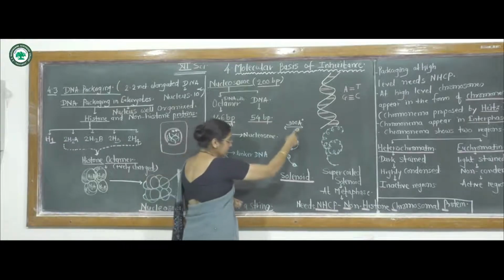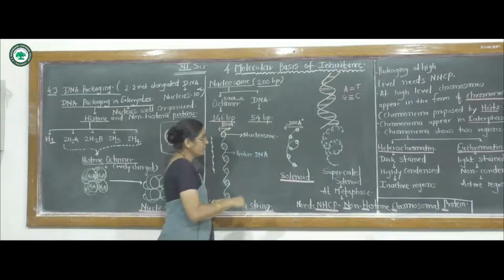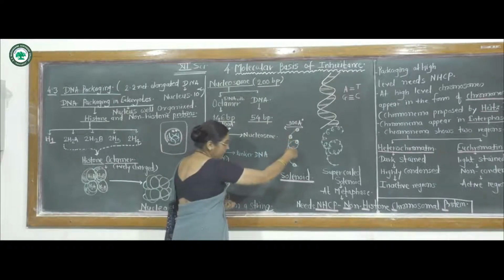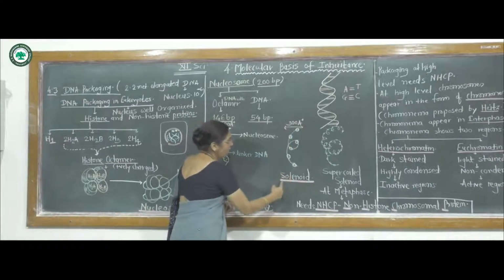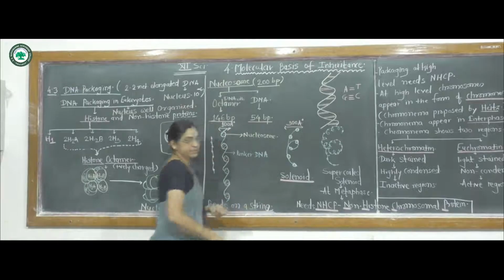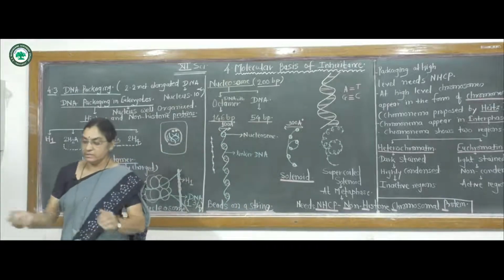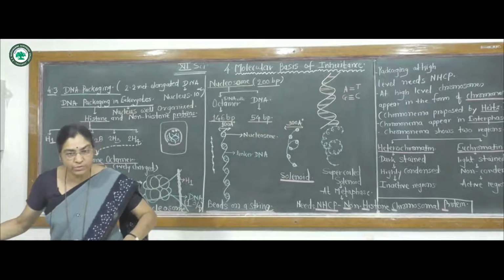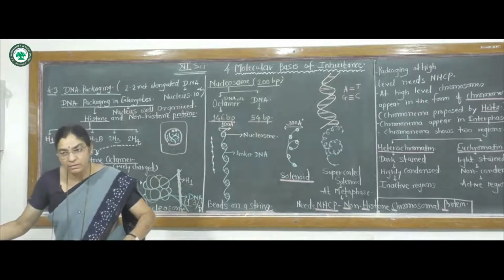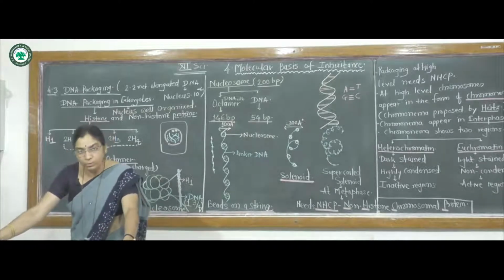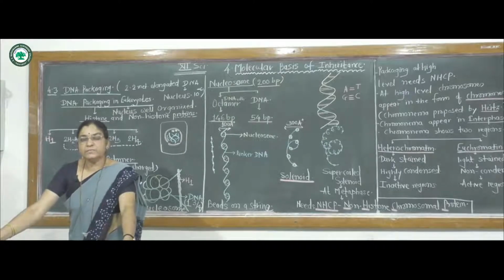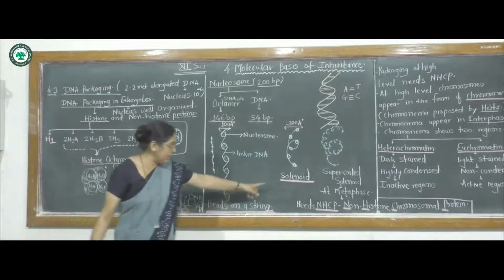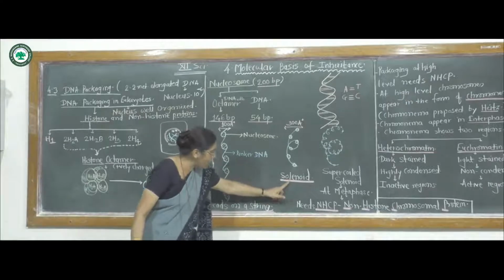So the 6 nucleosomes form the single loop or coil, and the structure is called the solenoid. The beads on a string, specifically 6 molecules of the nucleosome, get coiled to form the single loop, which forms the structure called the solenoid.